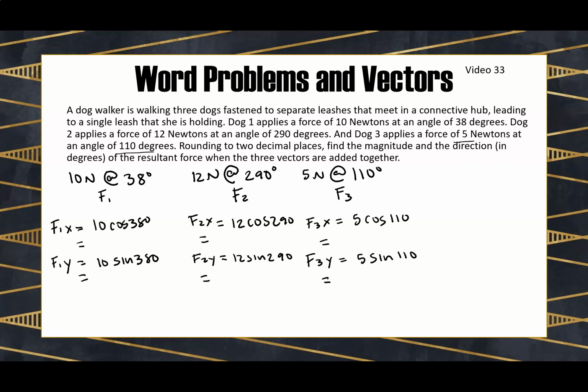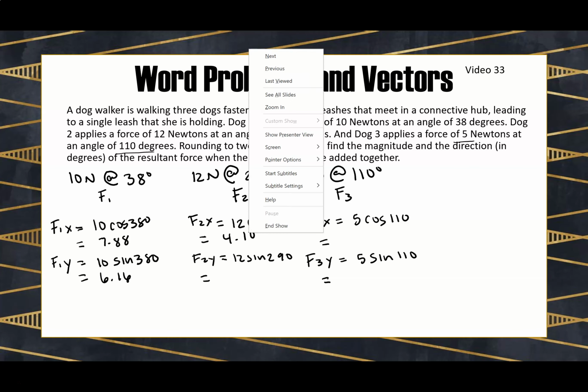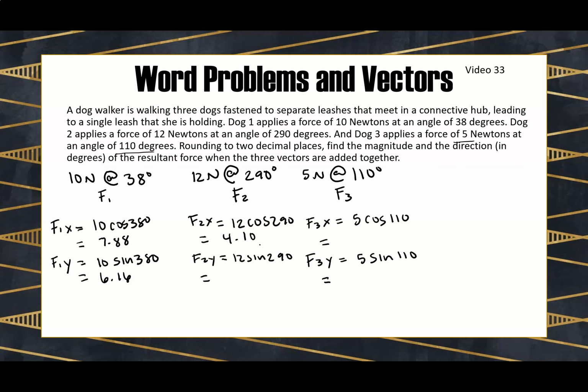And then doing that math, I get 7.88, 6.16, 4.10, negative 11.28, negative 1.71, 4.7.